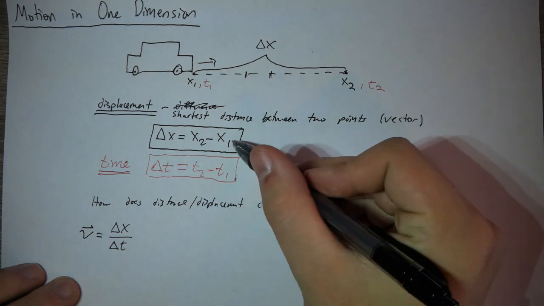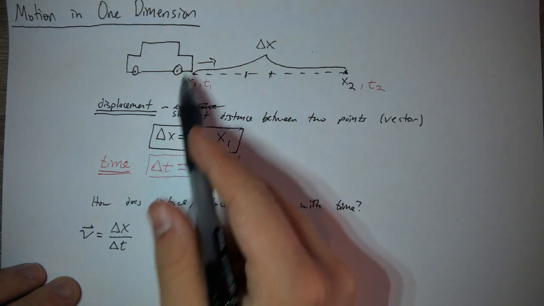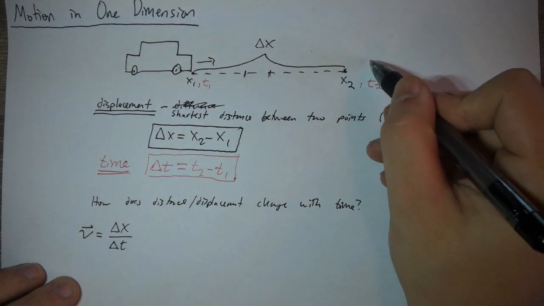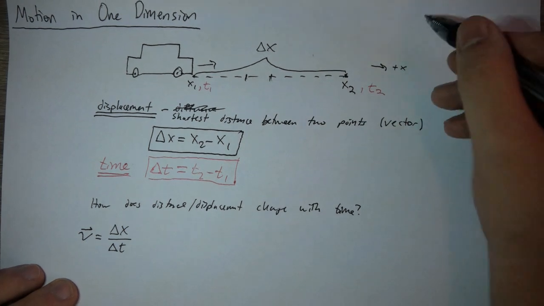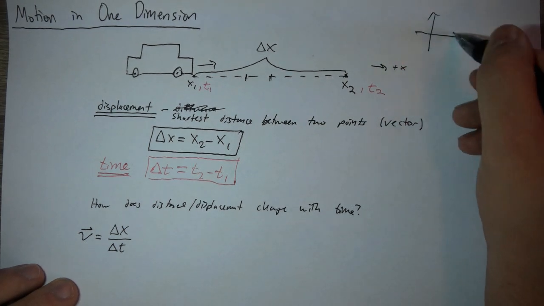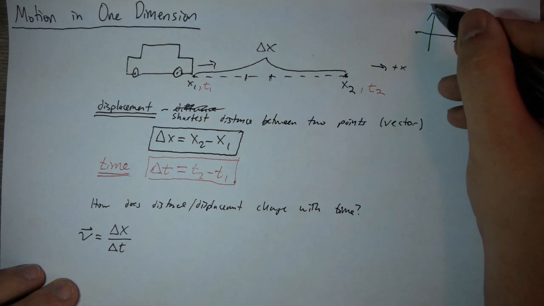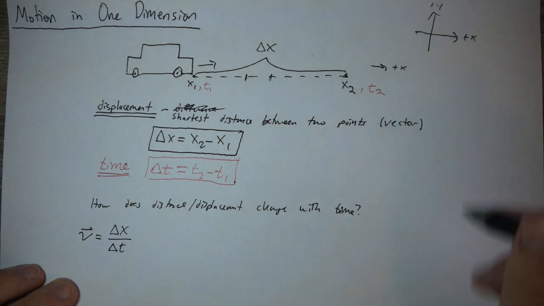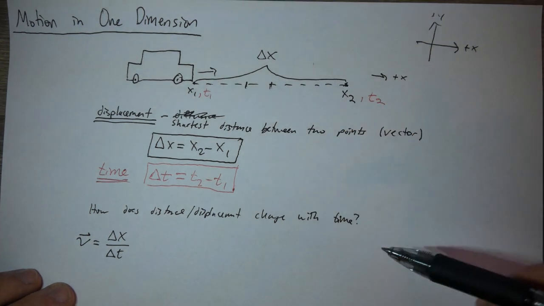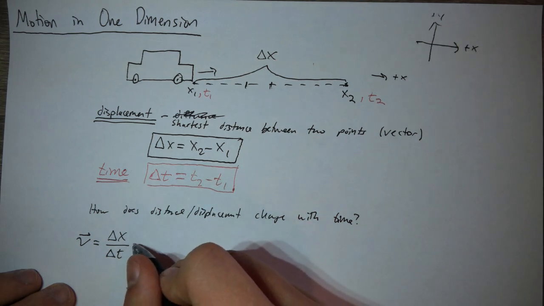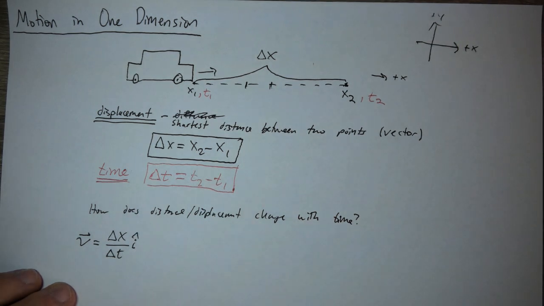Where, this isn't a vector quantity right now, but we're moving. We'll call this the positive x direction based off our regular convention that this is positive x-axis, this is positive y-axis, and we're only in one dimension, so we only care about x. So we're moving in the positive x direction, so I will give this an i-hat direction.